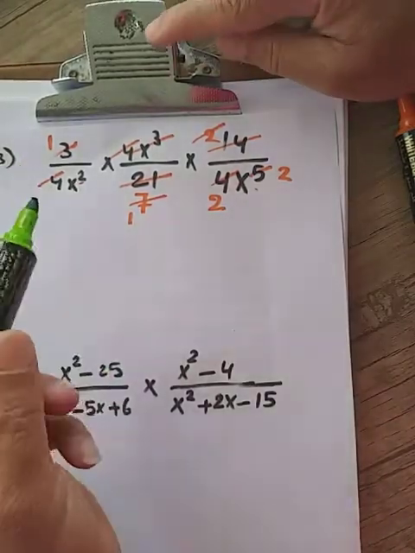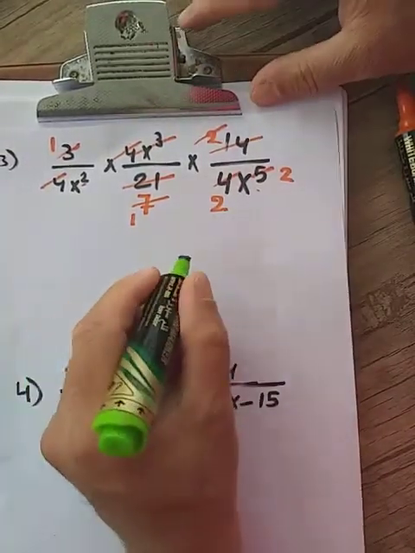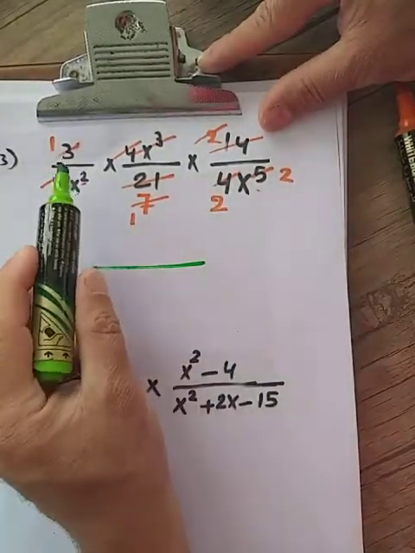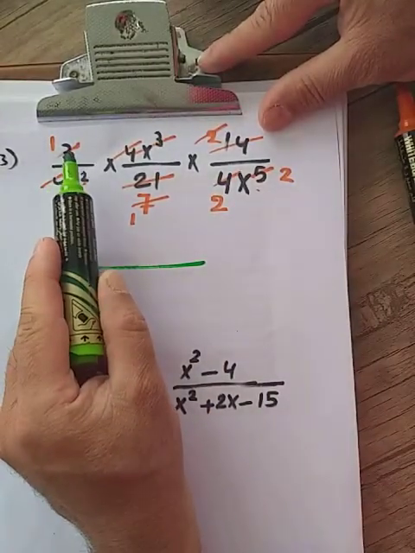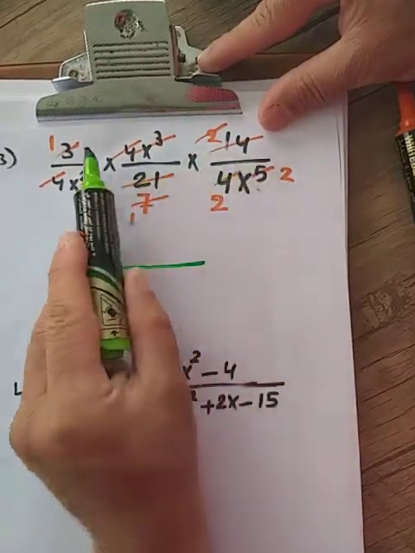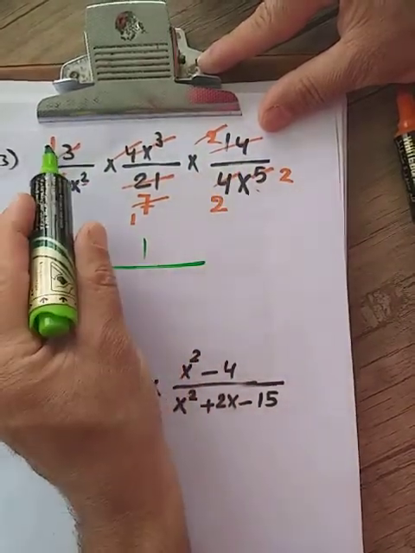Then, what's the answer? What remainder do we have in the numerator? Nothing, just 1.